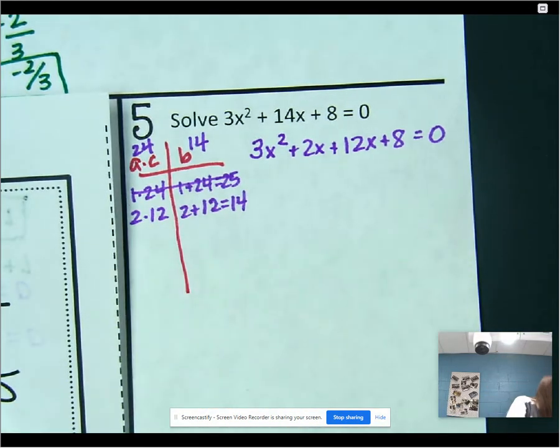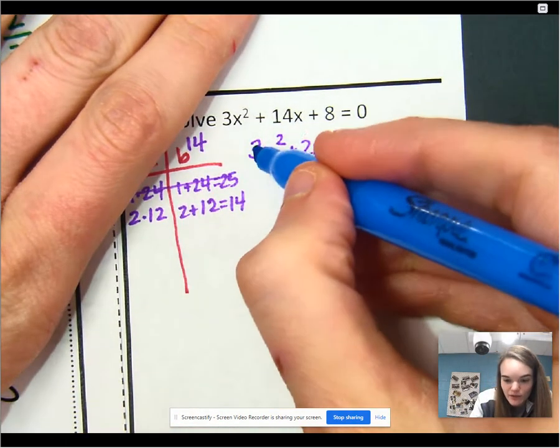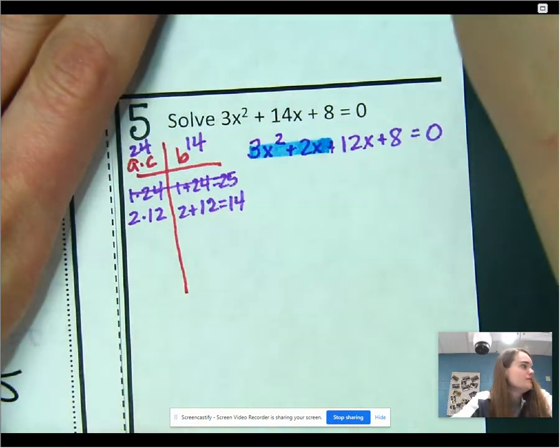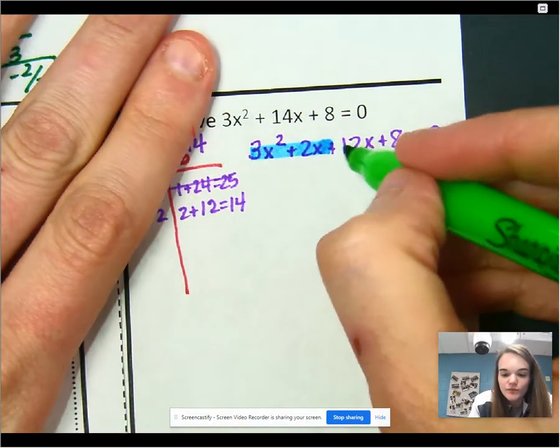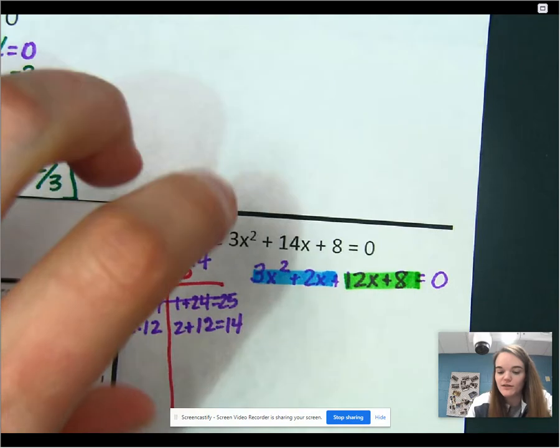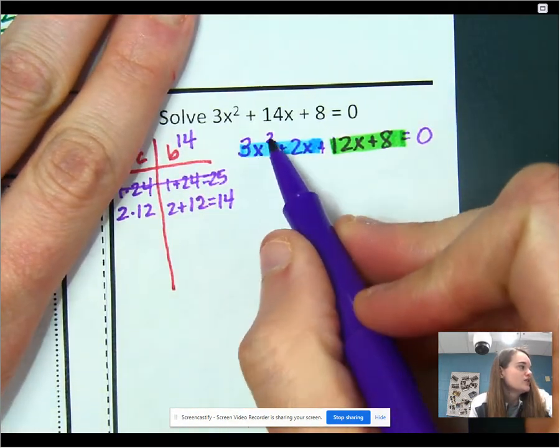Now, I didn't do this in the video, and that was my fault. I should have. But in class, instead of putting parentheses around everything, I talked about how we can group by just highlighting our pieces. So highlight the first two in one color, the second two in another color, and there are our groups. Okay, so now we need to factor out from our groups. So in the blue section here, I've got a 3x squared plus 2x.